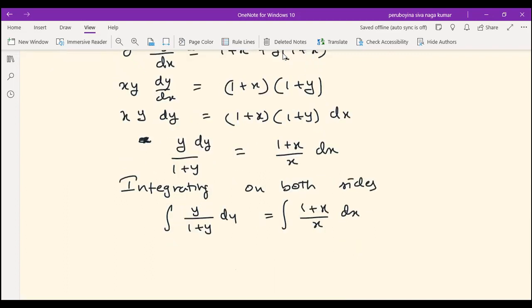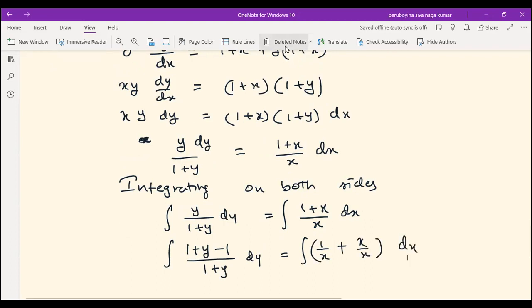Now you have to solve this part. Look at the denominator and the numerator. We will add 1 and subtract 1 in the numerator. So 1 plus y minus 1, whole divided by 1 plus y dy is equal to, you can separate these terms: share this x to the numerator terms, so 1 by x plus x by x dx.